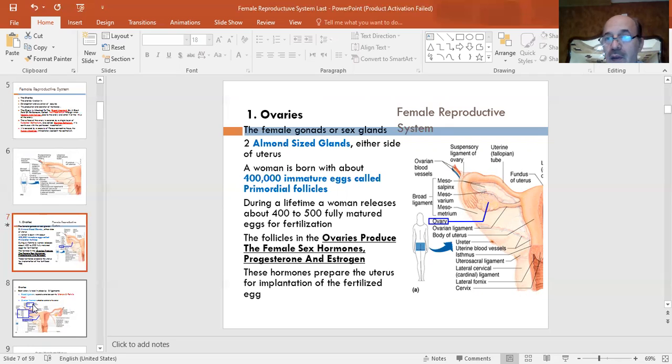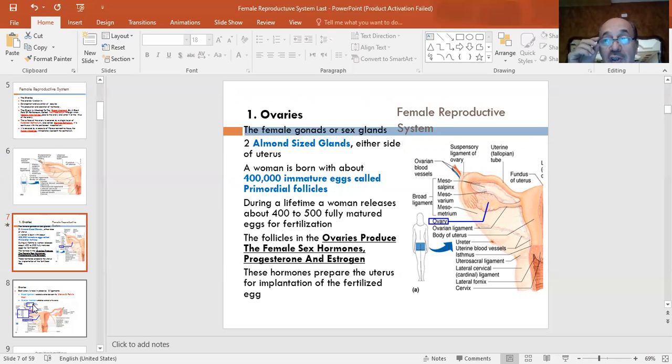Now, the ovary in the female is the site of oogenesis, just like the testicles in the male. But the difference between the male and the female is that in the female, during intrauterine life, during the organogenesis period, soon after development of the ovary, the stem cells, which are the oogonia, divide and give rise to several millions of primordial follicles.